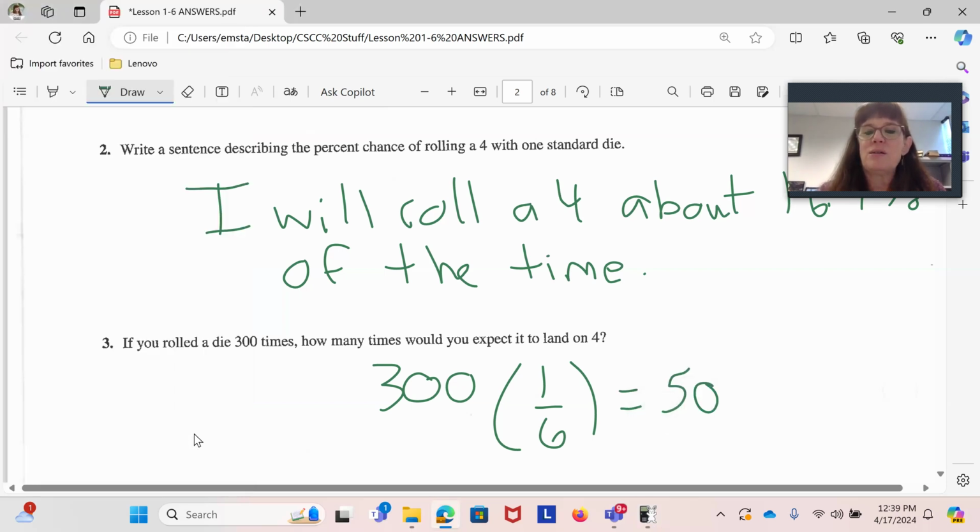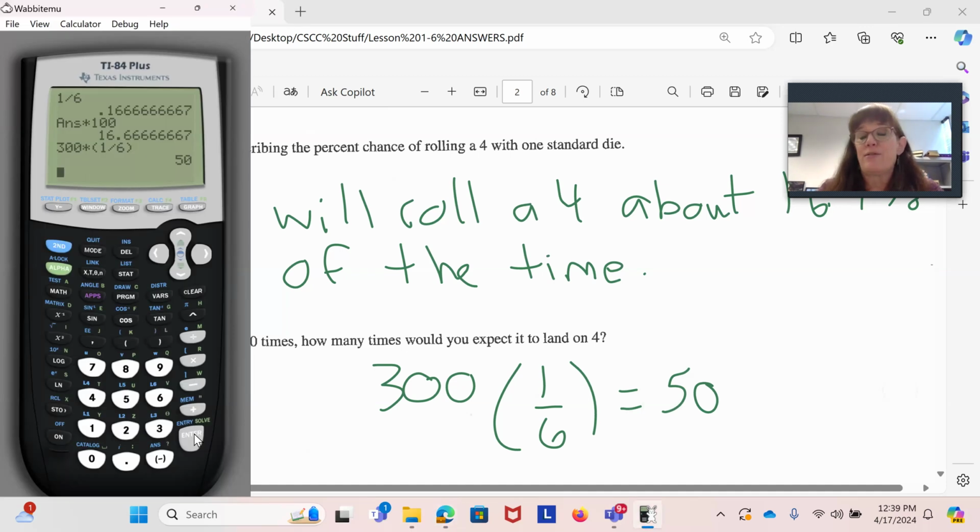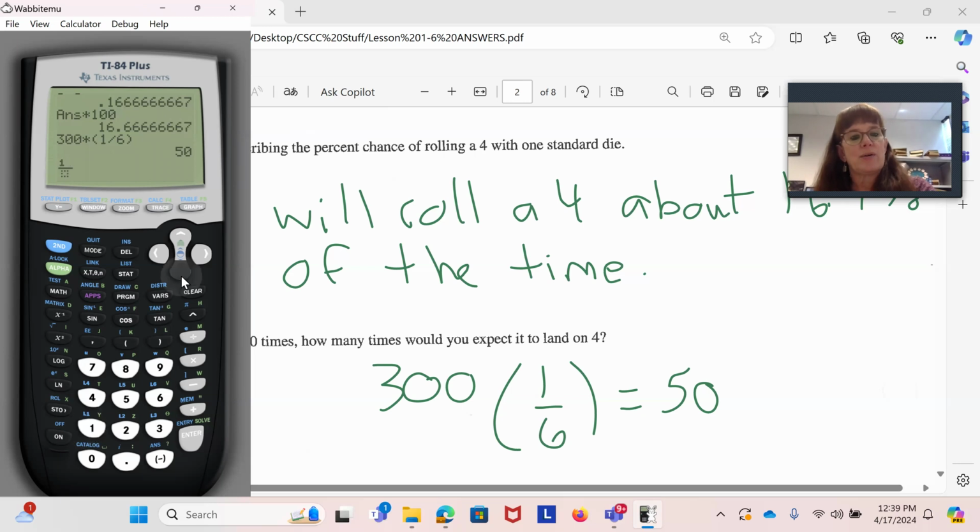But I did want to mention most of the newer calculators now do have a fraction bar built in. You can access it a couple different ways. Alpha y equals will take you to the fraction menu. And if I hit enter, you'll see it gives me the nice little boxes to put the top and bottom in. So I could type 1, use my arrows to move down for the 6, and then multiply that by 300, and it gives me the same answer.